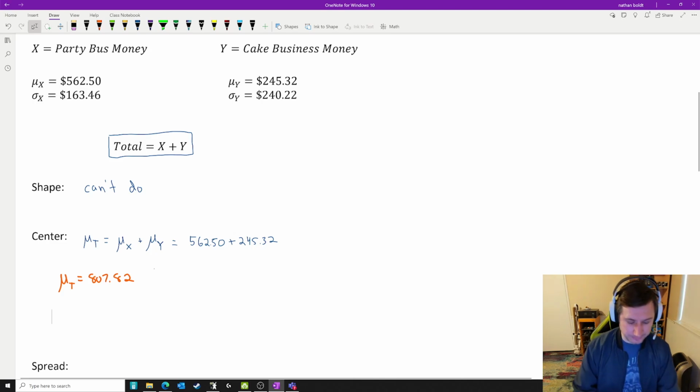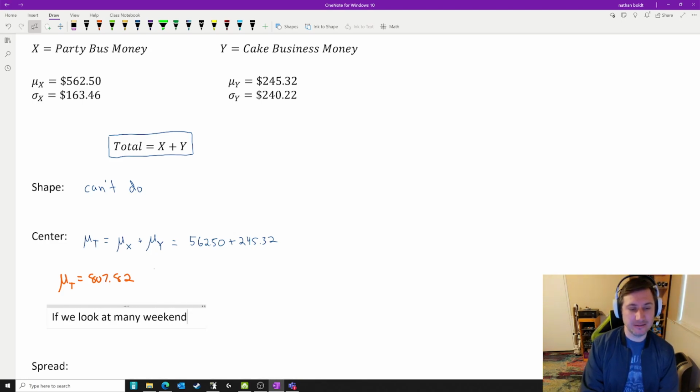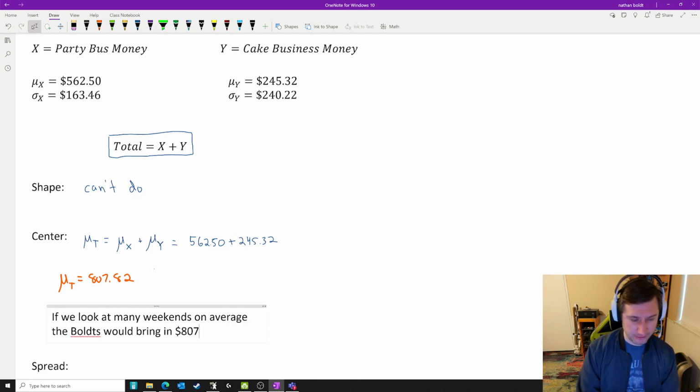If we look at many weekends, on average, the Bolts would bring in $807.82.